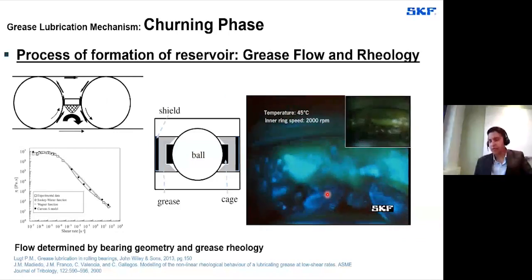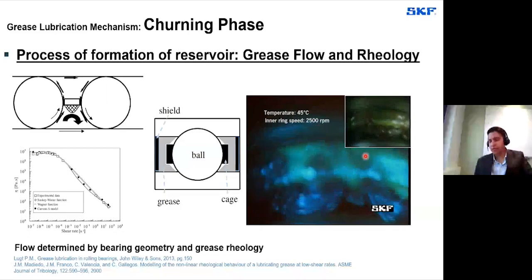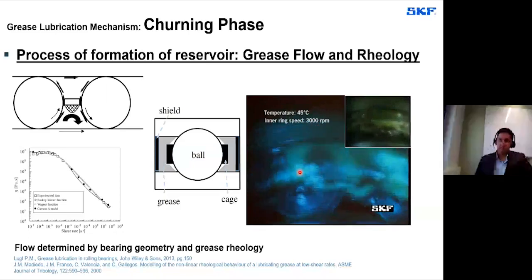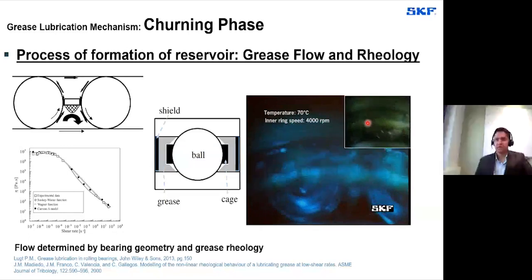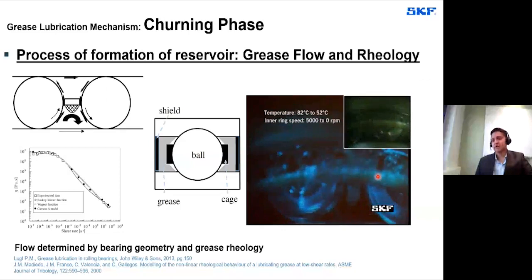We're slowly increasing the speed now. You could see the grease has a tendency to move now. Yeah, you could clearly see that in the picture. So grease has started to flow in this part. Yeah, so now it's at top speed. You could see most of the grease is already redistributed in the bearing, and accordingly, the temperature is also increasing.